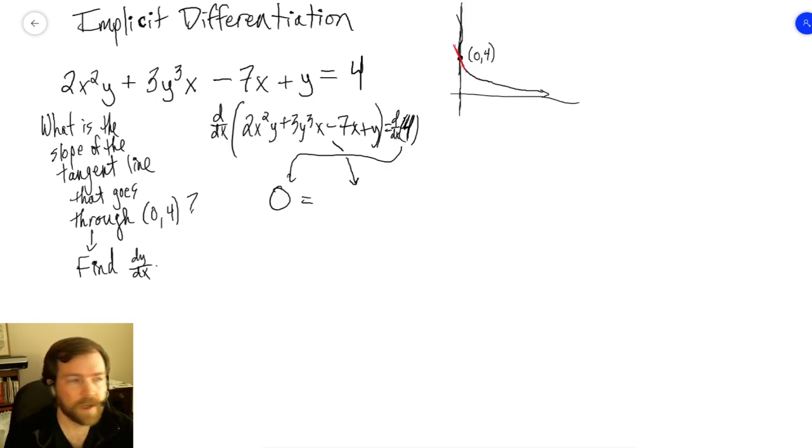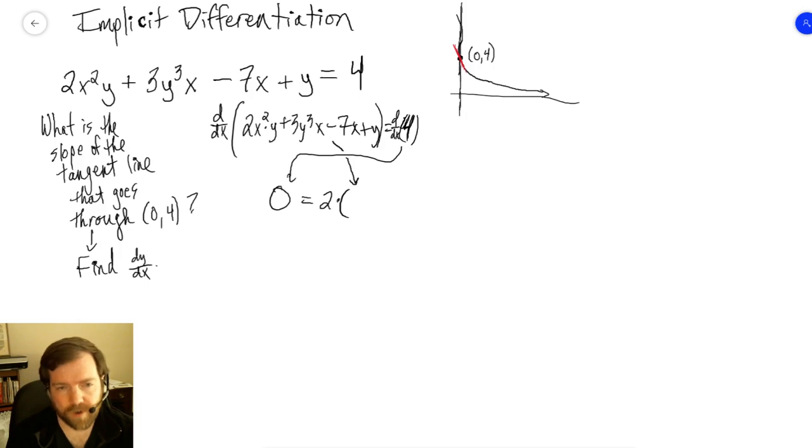So over here, most of the time you're saying, okay, take the derivative of the first term. Since these are all added and subtracted, we can separate them out and take their individual derivatives, which means we're taking the derivative of 2x squared y. It's going to be 2, because 2 is a constant, multiplied by the derivative of, here we have a product rule between x squared and y.